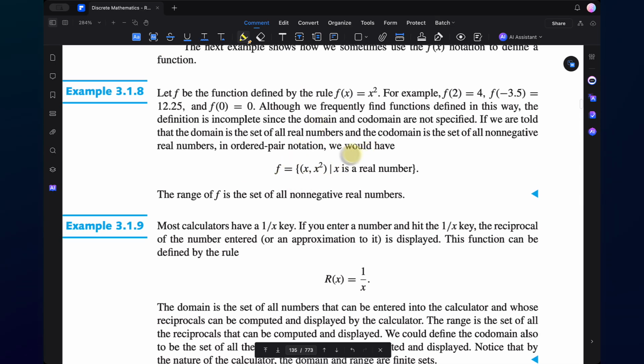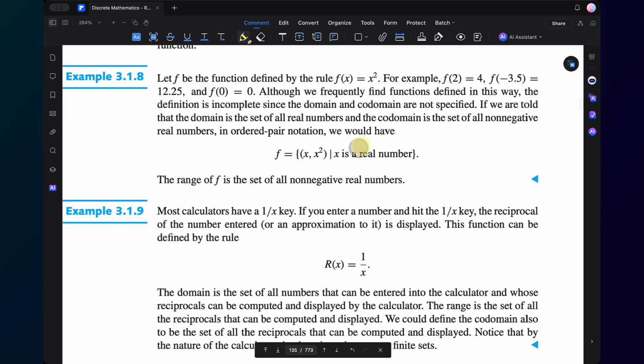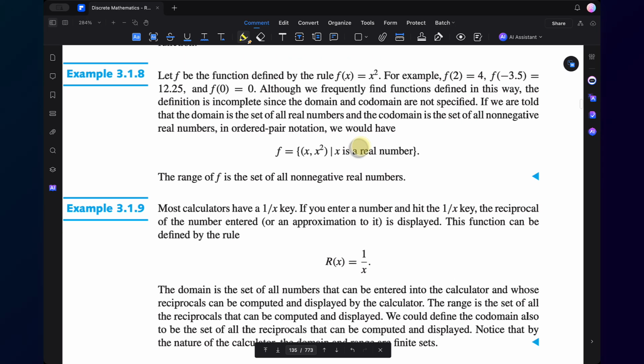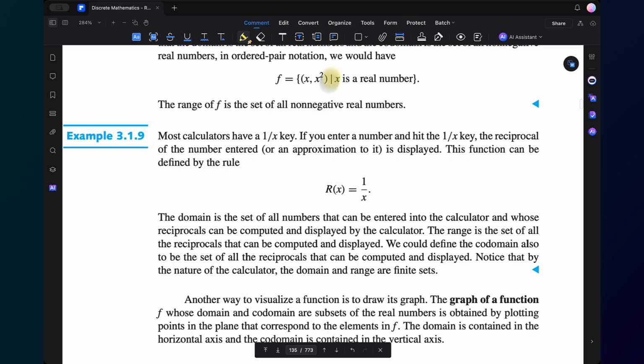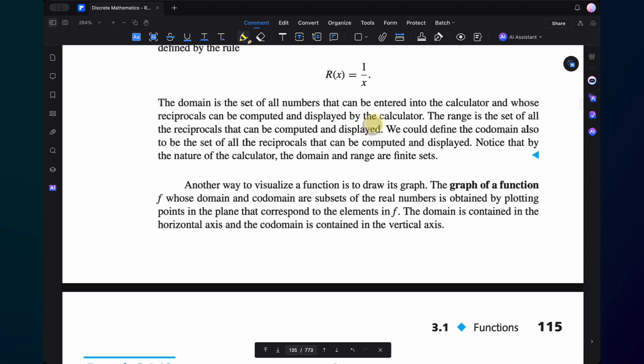This must be the graph of a function. If you look at the set of all ordered pairs x, x squared, where x is a real number. They're just talking about domain, codomain, and range. I'm sure you've seen all this before.